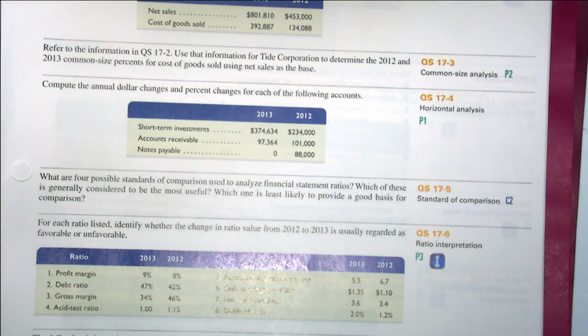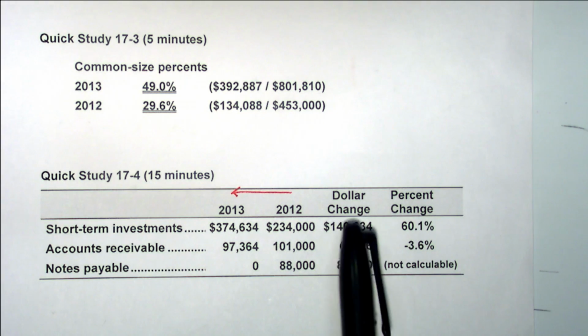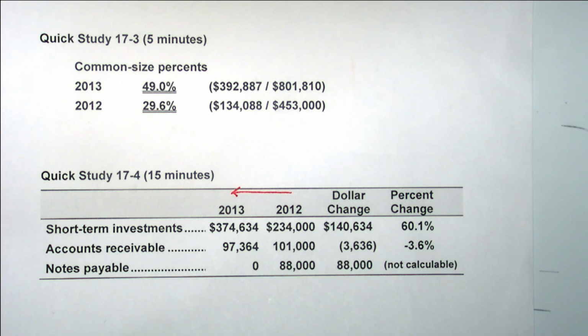Well, we can do that. The dollar change is really easy, right? You just subtract, and then the percent change, you just take the dollar change divided by the base period amount. Is that what y'all got?